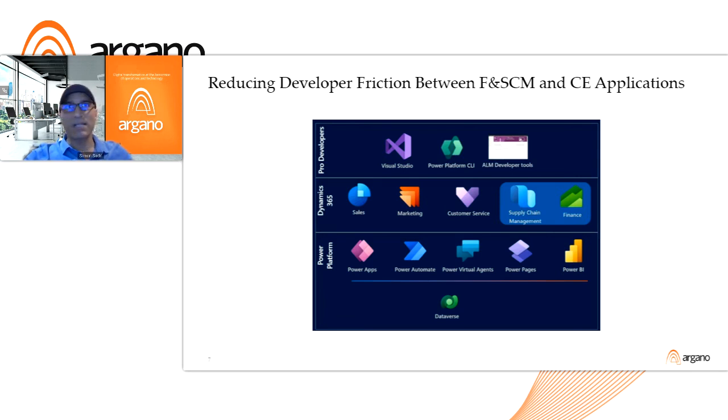A good example is that for finance and supply chain, the application language in the background is X++. In CE, that is not the case. It's JavaScript predominantly, but there's also C# and some aspects of web API. So those platforms are inherently different.